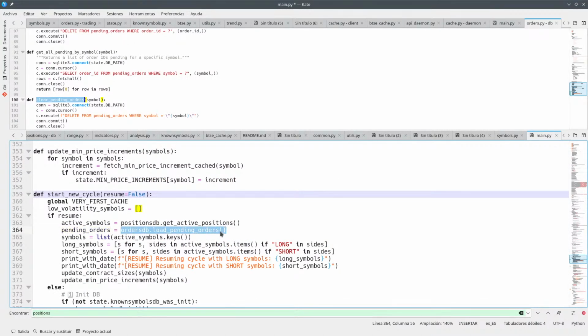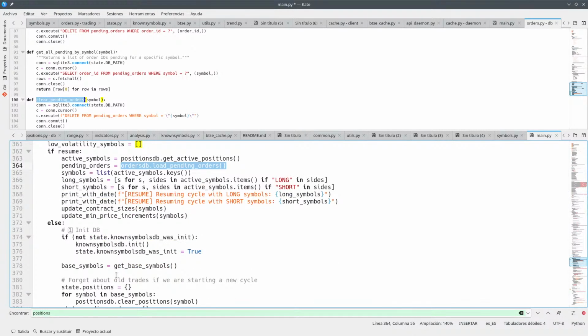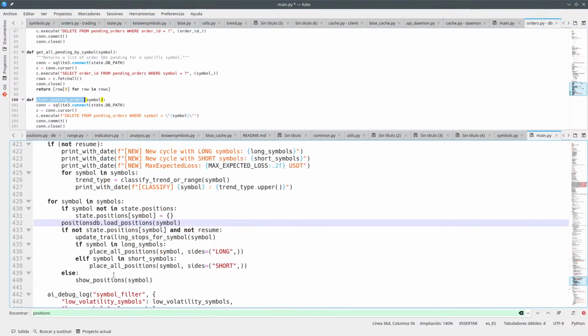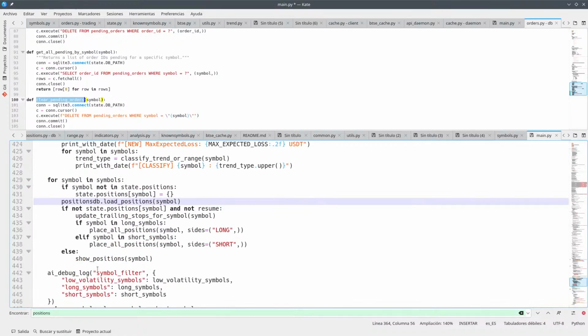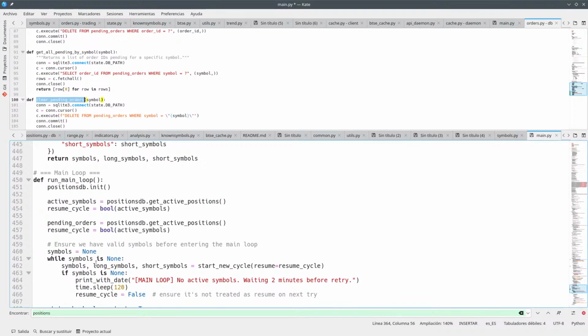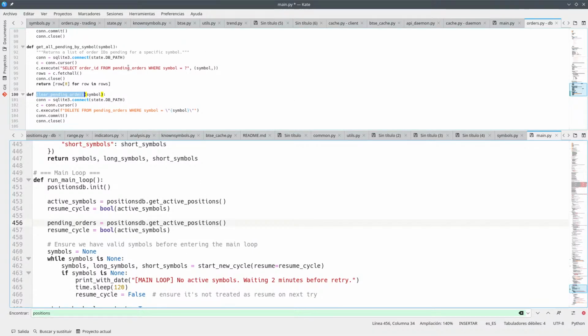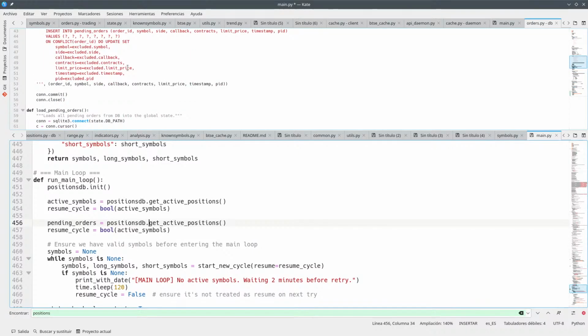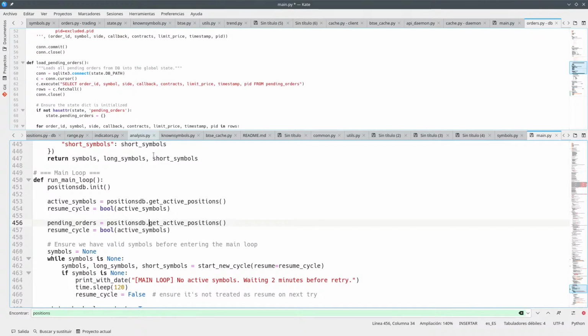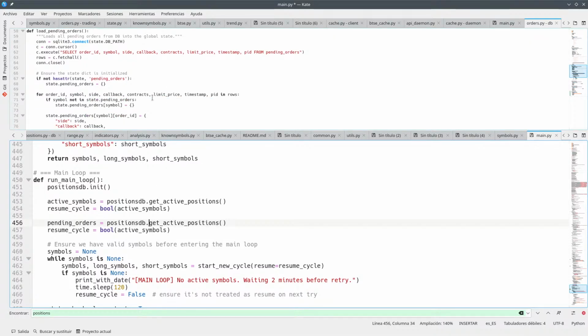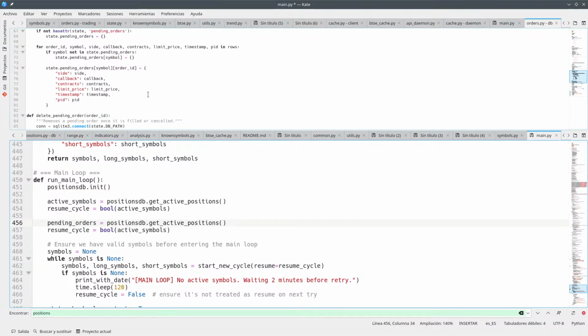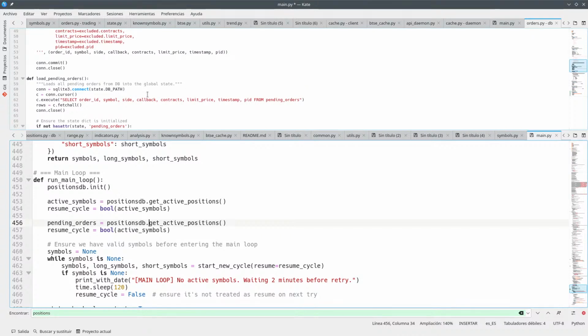So load pending orders. But pending orders, yeah. I mean, they must be active, but yeah, load pending orders.